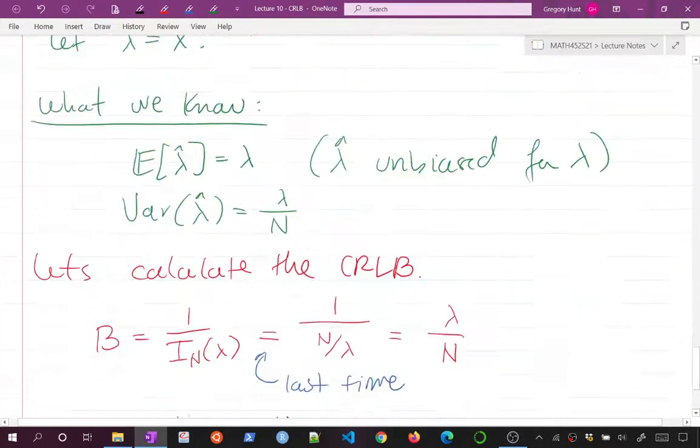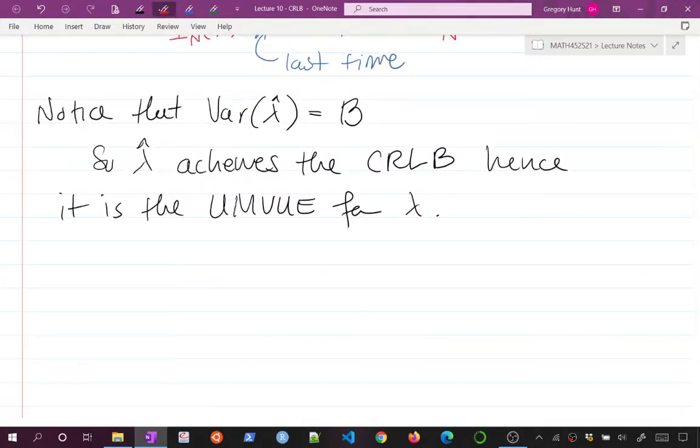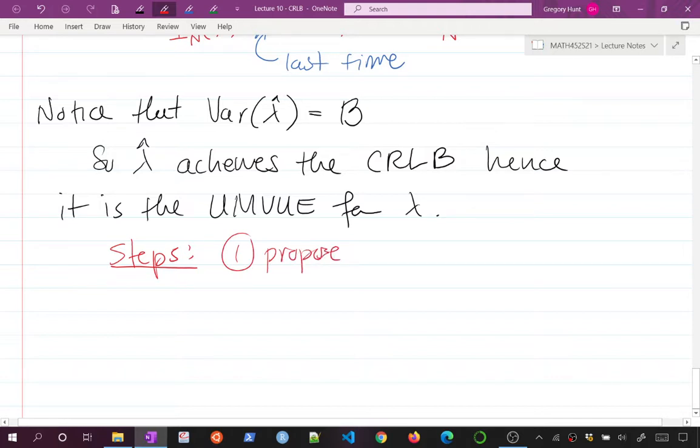Find an unbiased estimator, calculate its variance, and we show the variance is equal to the bound, therefore it's the UMVUE. Let me write that down as steps, which is 1, propose estimator. That's not necessarily a trivial step, and more on that in future lectures.